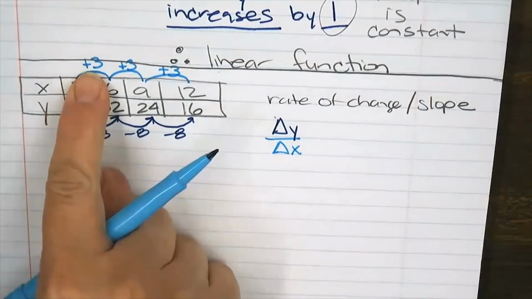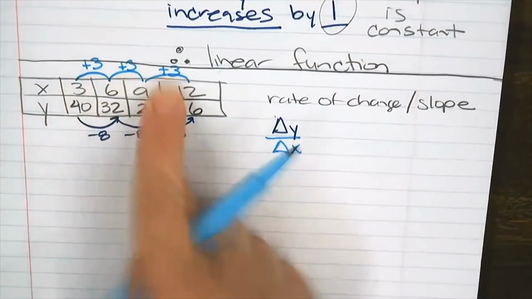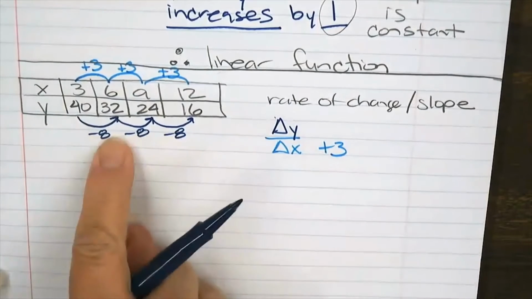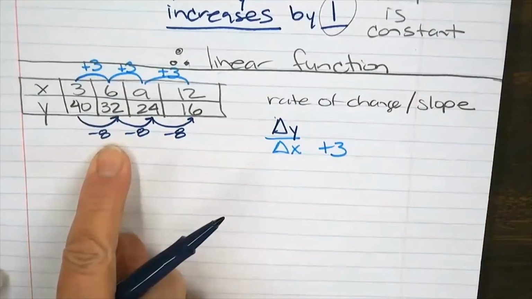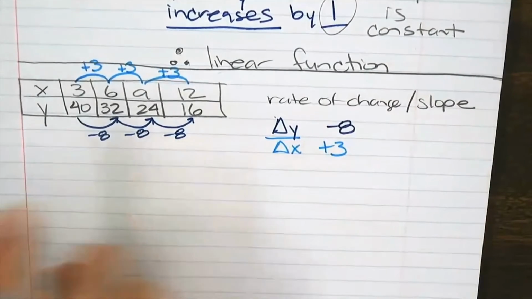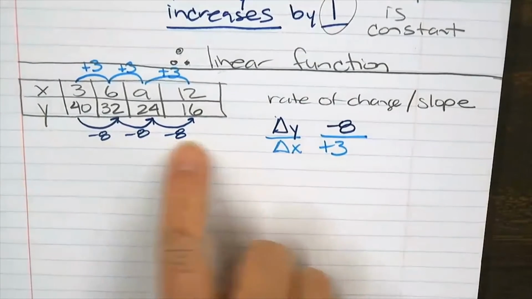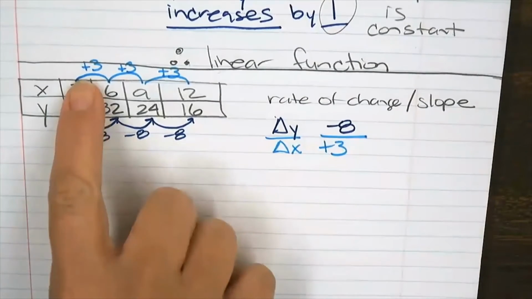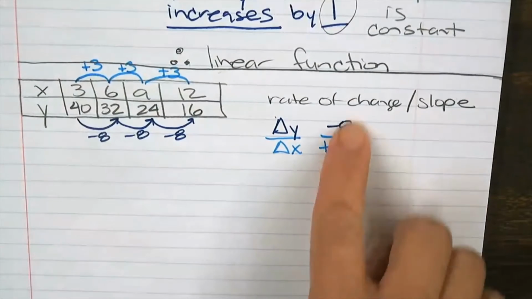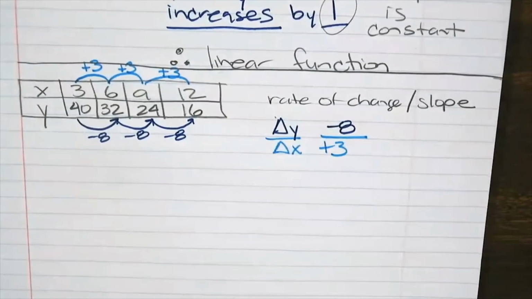Our change in x, this is constant. Plus 3, plus 3, plus 3. Our change in y, this is constant. Minus 8, minus 8, minus 8. So our change in y is constant. Our change in x is constant. Therefore, we have a constant rate of change or slope.